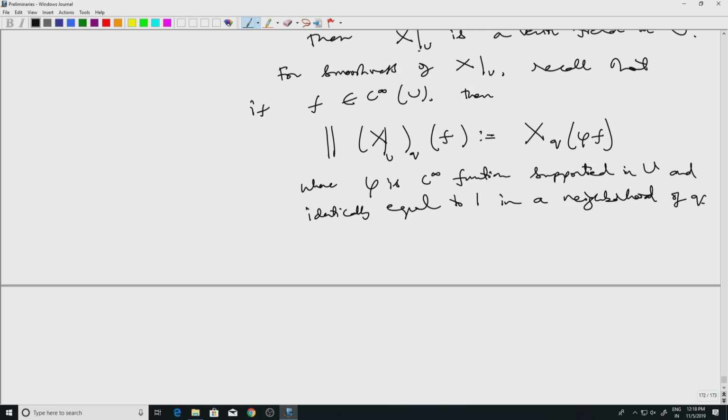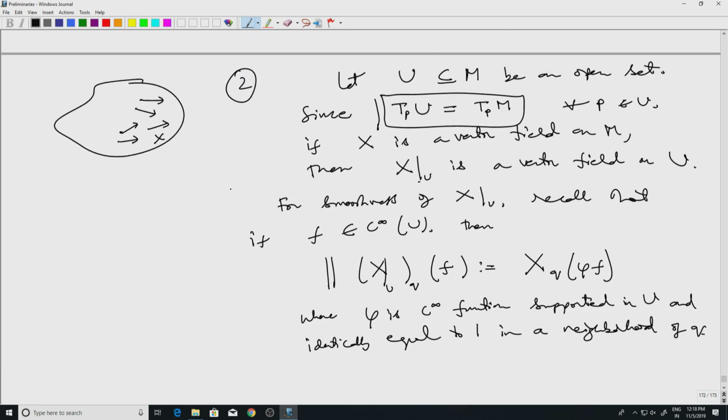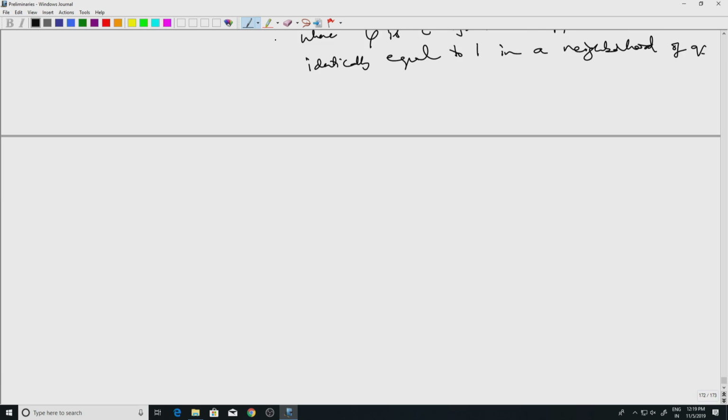This identification also shows immediately that if F is a C infinity function on U, then this map Q going to this thing here is actually a smooth function on U, because the right hand side is a smooth function on all of M. So when I restrict it to U, I get a smooth function on U.